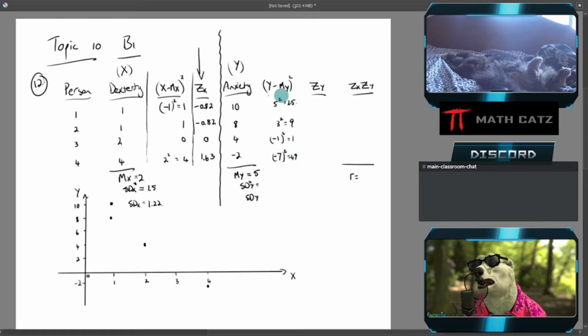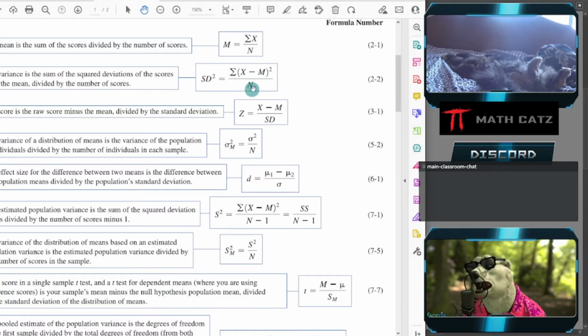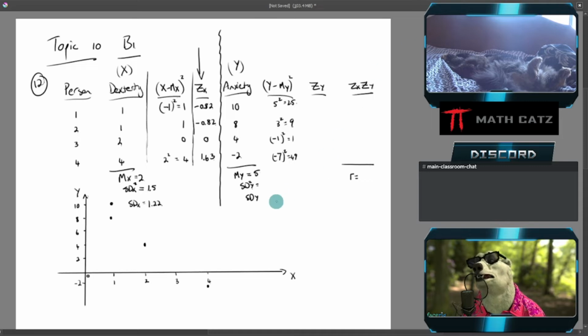And then we add up all these square deviations, divide by the sample size, and that'll give us our variance. So let's do that together. 25 plus 9 plus 1 plus 49, all of that divided by 4.